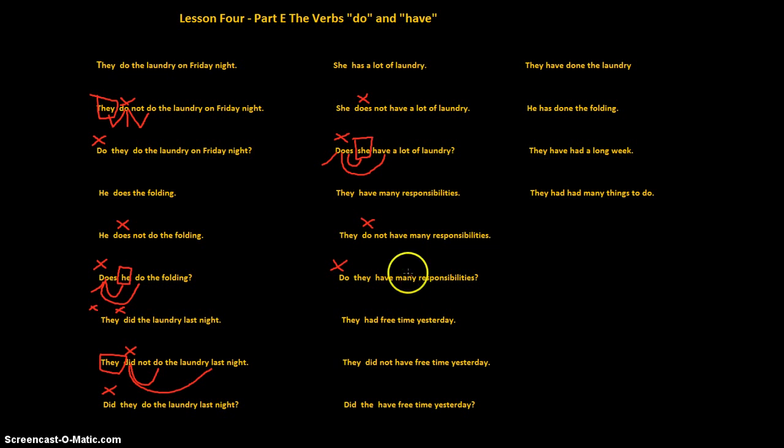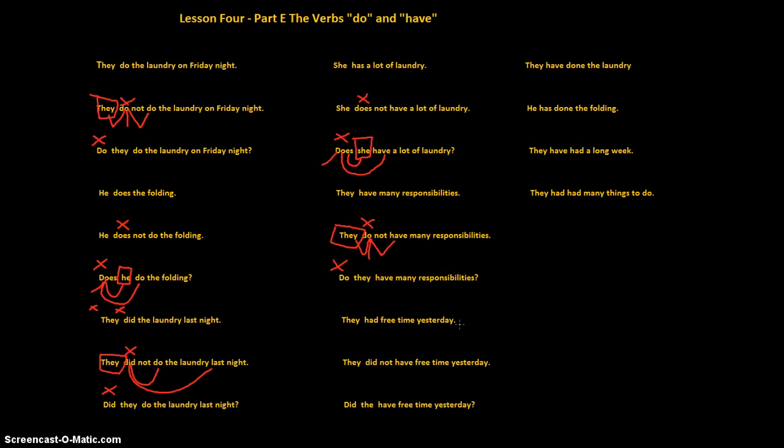Do they have many responsibilities? They is the subject. Do the X word ties with the subject. Do ties with the present, and do ties with the base form have.